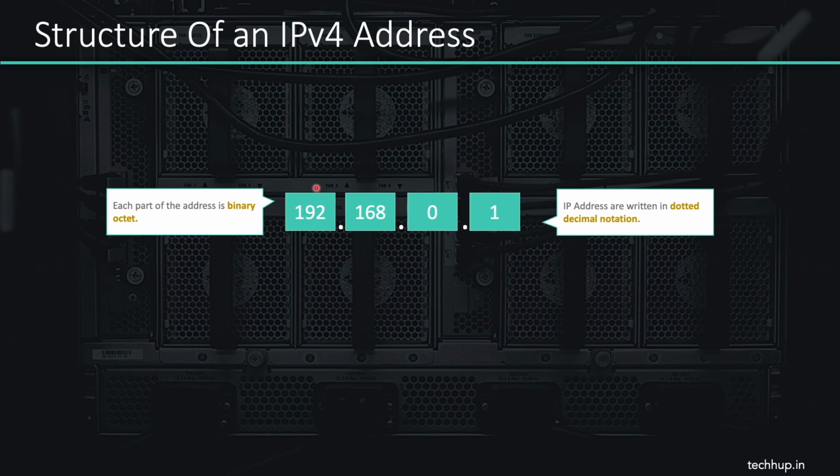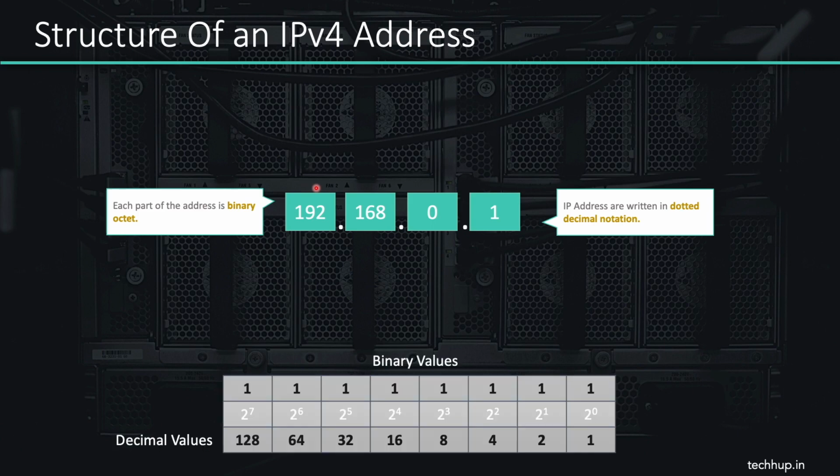So this is where things get a little bit more complex. So what is a binary octet? An octet means that you have 8 values, and those values can either be zeros or ones. Please note that when I'm talking about these 8 values, these are 8 binary values.